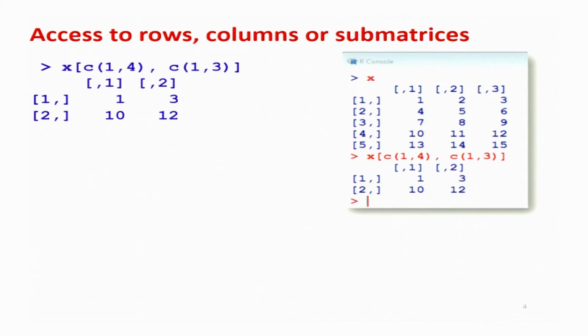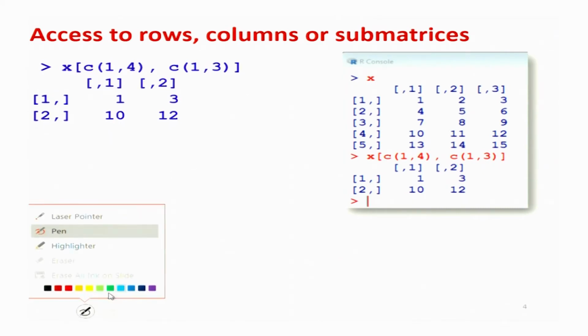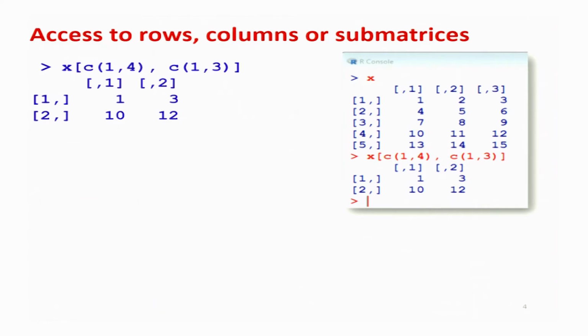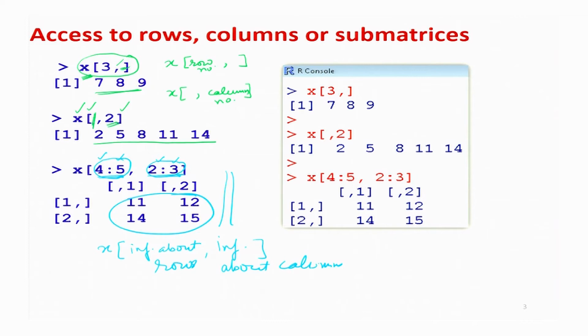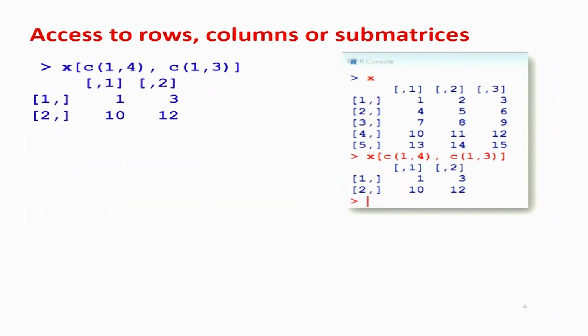Okay. Now, similarly, in case you want to access any particular rows and columns, for example, here I have taken rows which are fourth and fifth, they are in continuation, and columns second and third, which are in continuation. But suppose you want a submatrix in which you choose the elements available in the first row, fourth row and first column and third column.